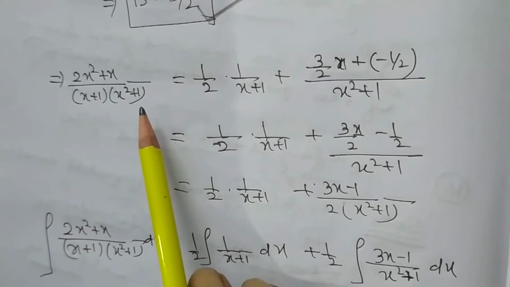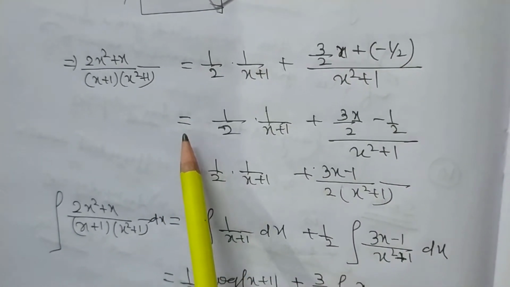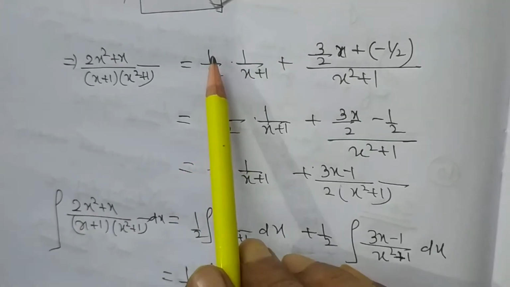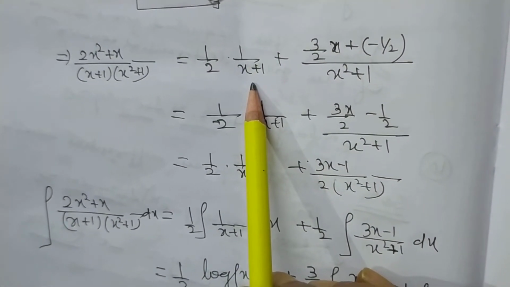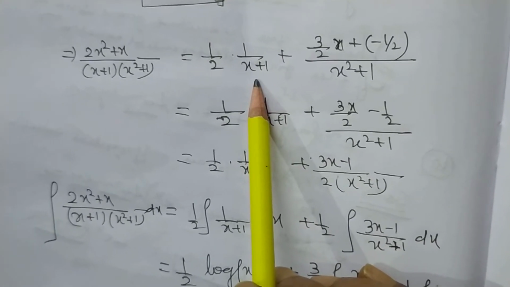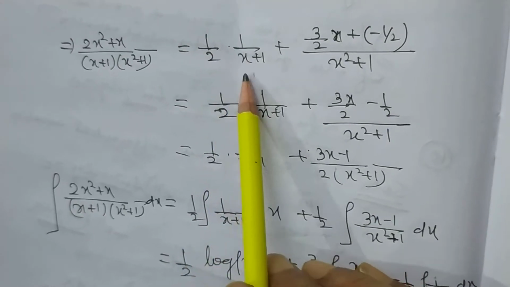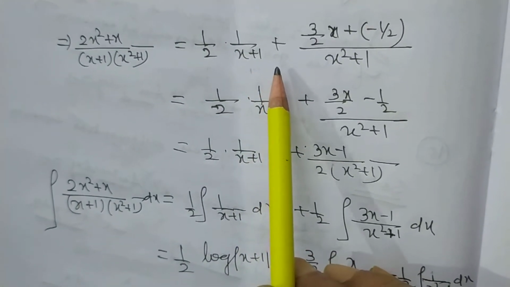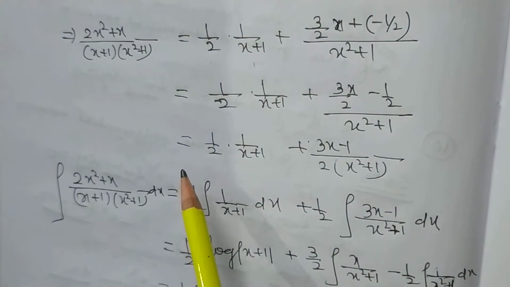So my dear student, in this way, by putting the values of A, B and C, we can integrate this. So now it is 1/2 × 1/(x + 1) + ((3/2)x − 1/2)/(x² + 1). What do you observe?